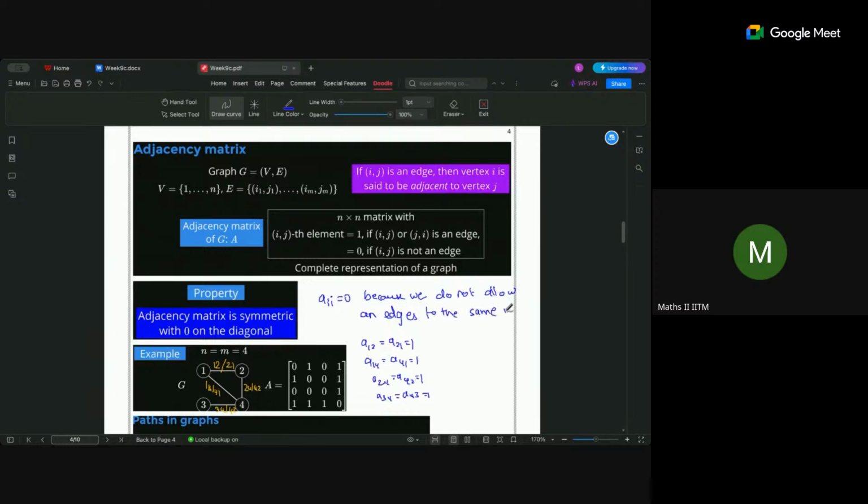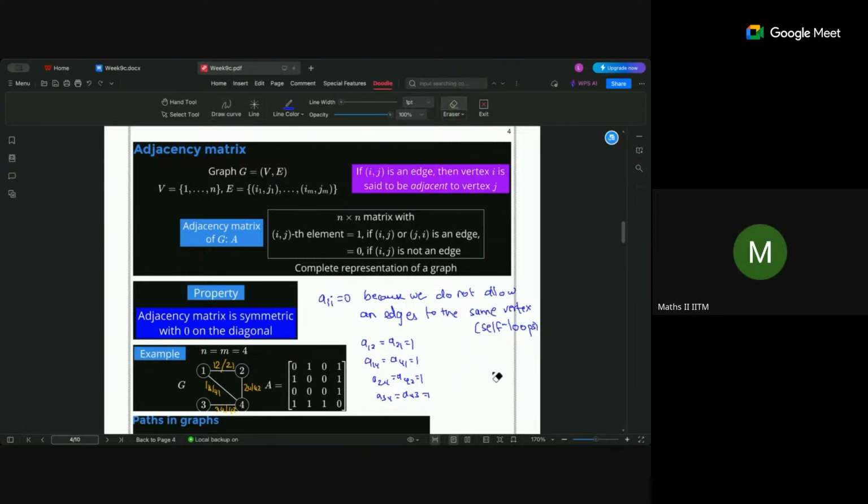So it means we do not allow self loops. Sometimes it is called a self loop. Suppose you have something like this. This is not allowed. So from 1 to 1 you cannot directly put an edge. An edge can be between different vertices only. That's why all the diagonal entries are 0.